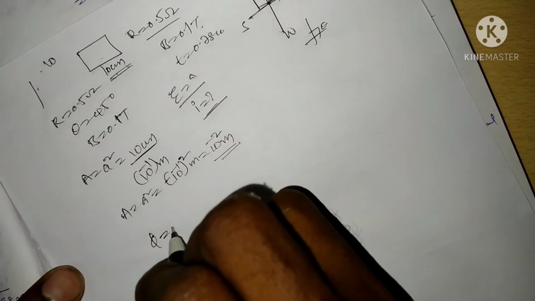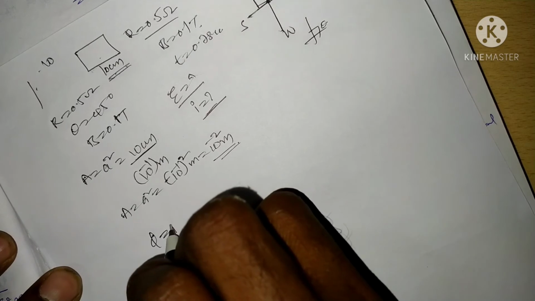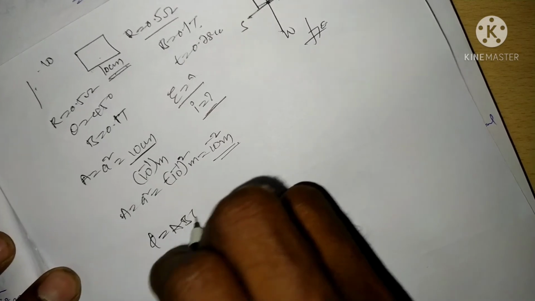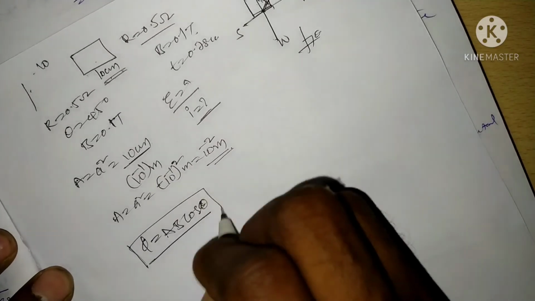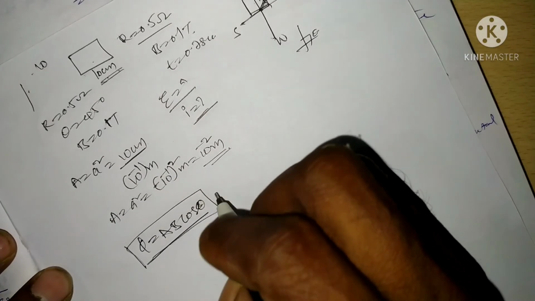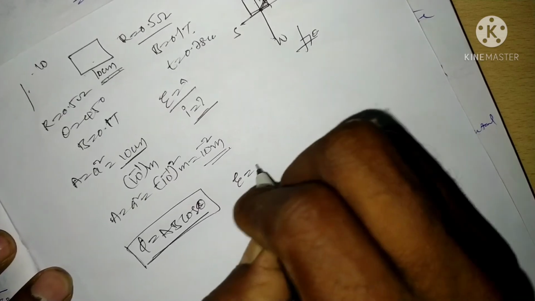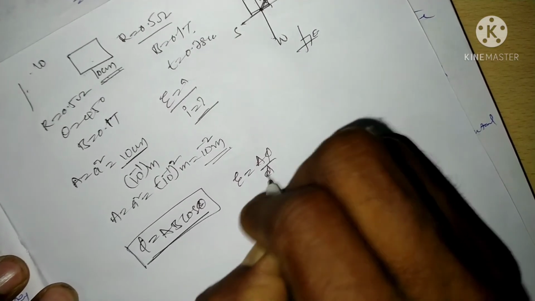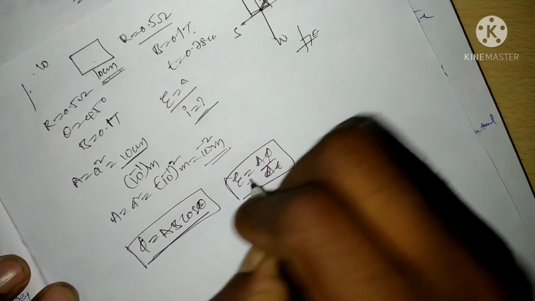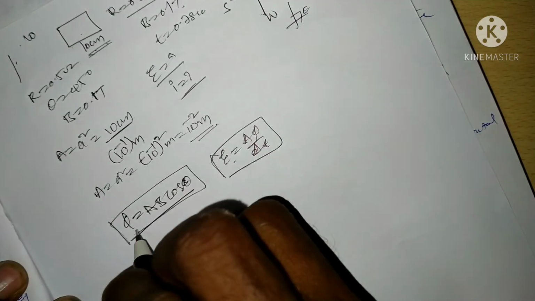Flux phi is equal to AB cos theta. This is the formula for flux, and induced EMF is equal to del phi by del t. First we find the flux.